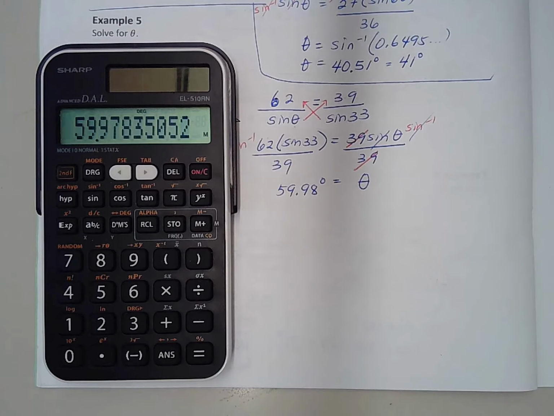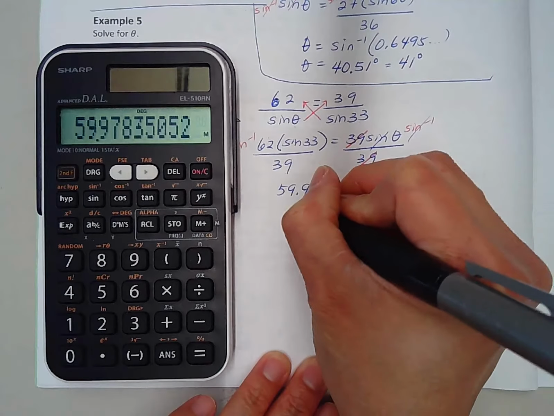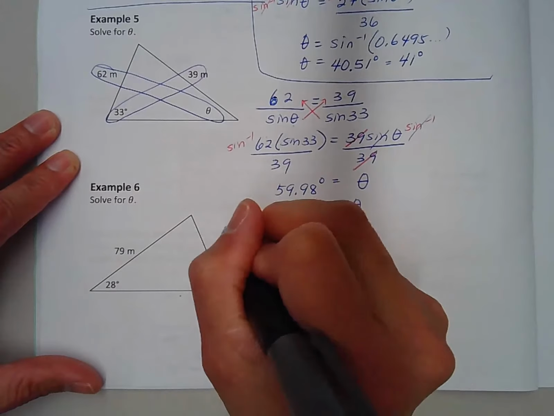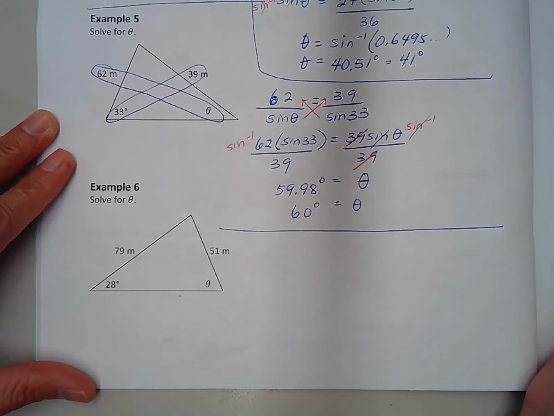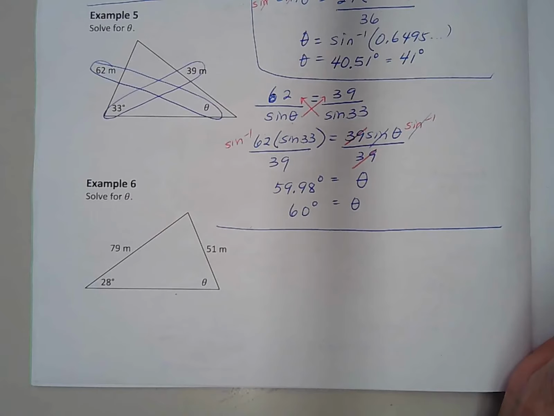If the question says 2 decimal places, that's what you write. If they ask for a whole degree, it would be 60 degrees. How do you like that? The hardest part comes when you use your calculator.